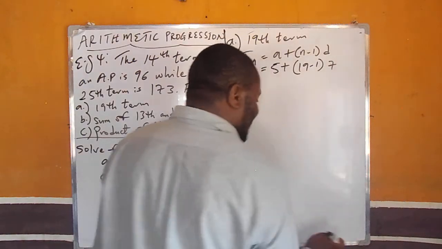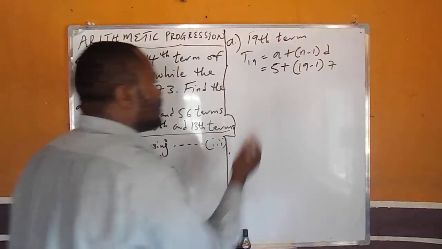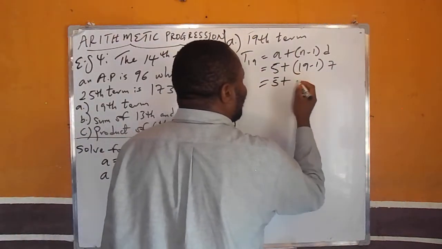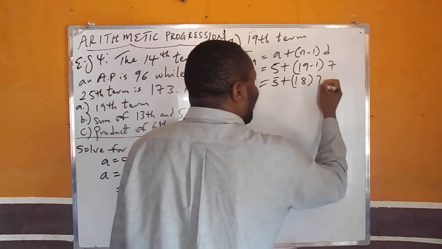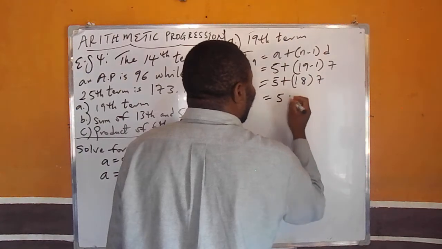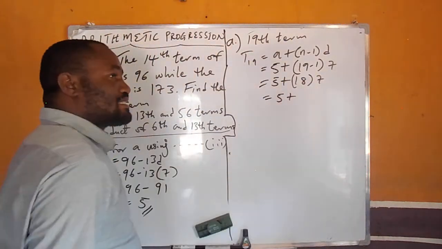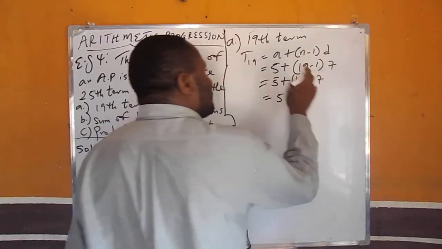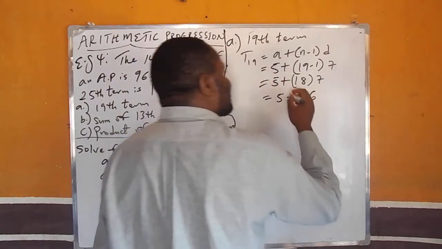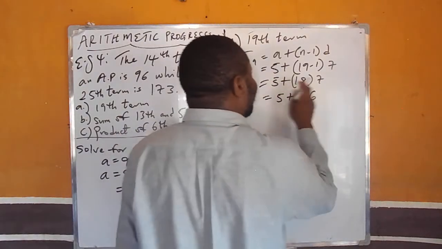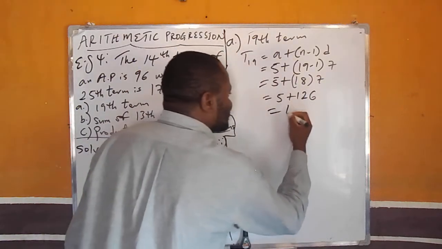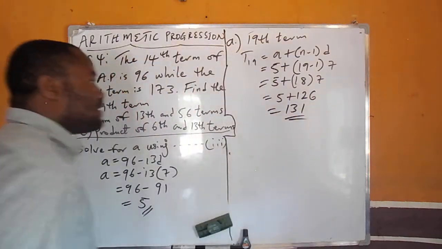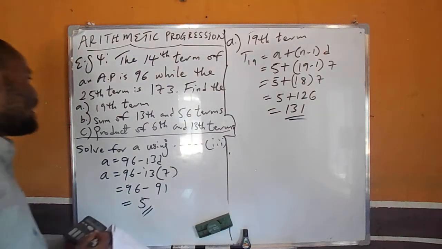Our common difference is 7, what we got here before we cleaned the board, which equals 5 plus 18 times 7. 7 times 8, 56, carry 5. 7 times 1, 7, plus 5, 12. So 5 plus 126 gives 131. That is our answer to question A.